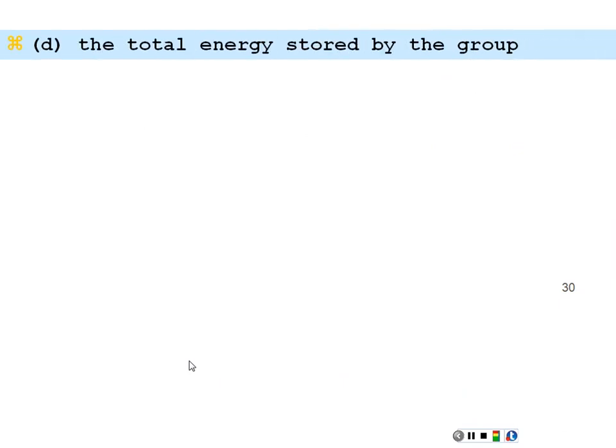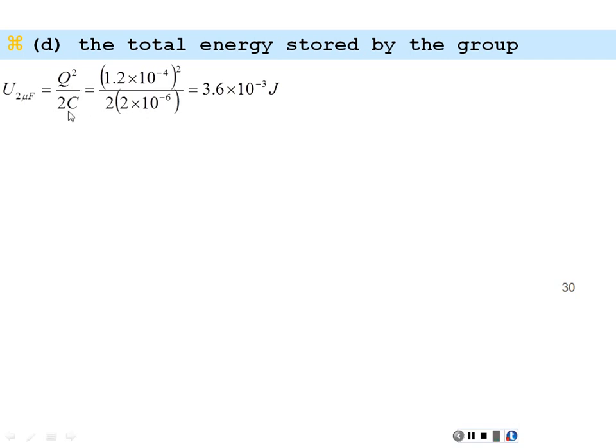What's the total energy stored by the whole group? Well, we know their voltages and we know their charges, so we could use either one. The energy stored in the 2 microfarad is its charge squared over 2 times its capacitance, and that gives us 3.6 millijoules.